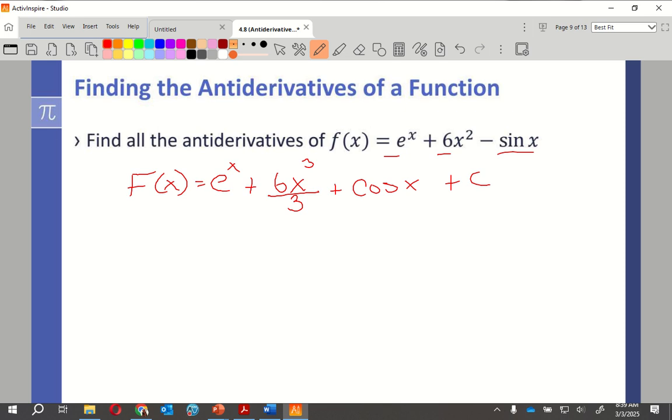And if I add another constant to that, it is a constant. So therefore, I only need one. The only thing I can do now is clean this up. There we go, that's it.